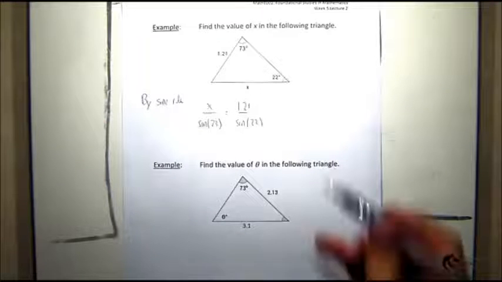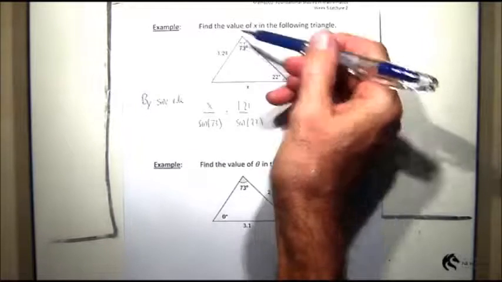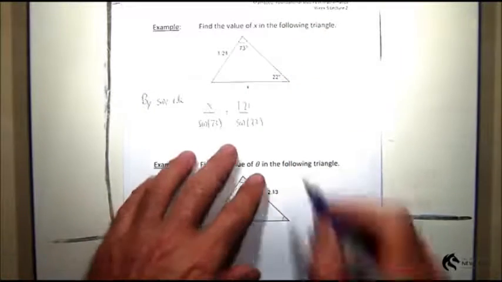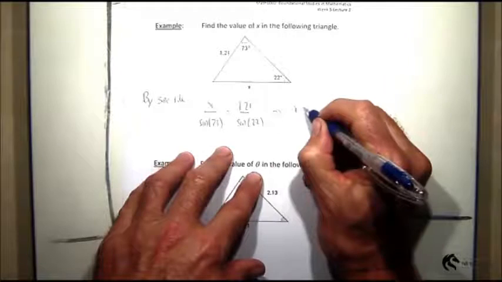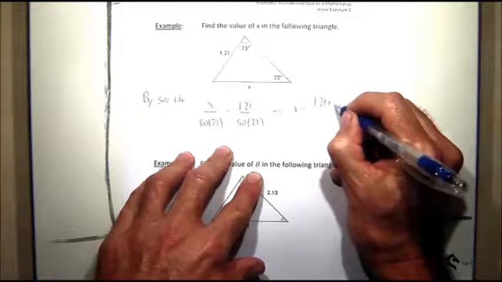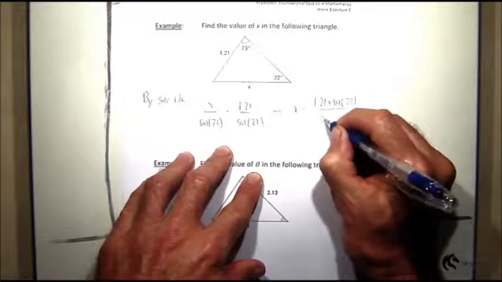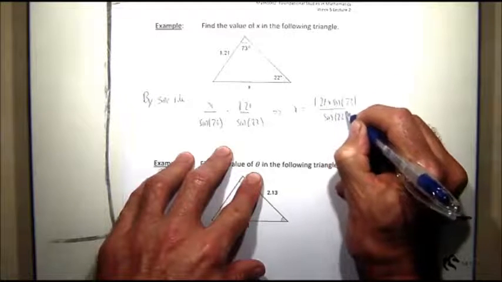So the ratio of a side to the sine of the angle opposite are equal. And so that tells me that x will be 1.21 times the sine of 73, all divided by the sine of 22.